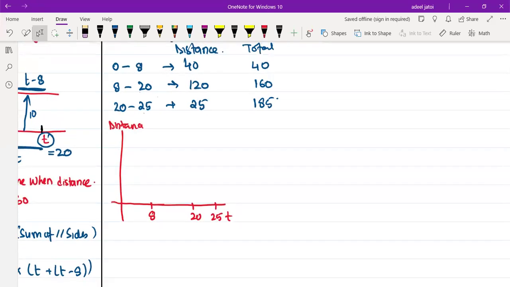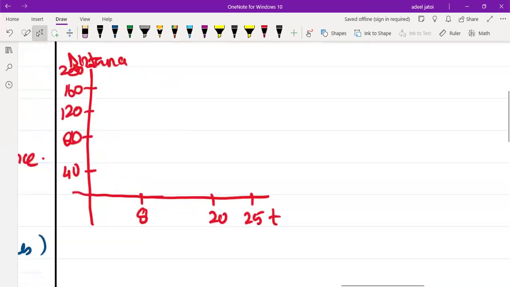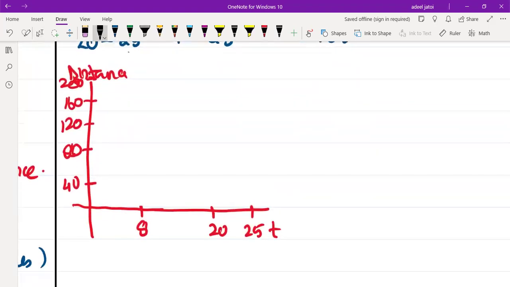Now, what you know is that we have this curve, 40, 80, let's say 120, 160 and 200. Just drawing the graph, obviously if the graph is not there with any values, you can mark your values accordingly. At 8, the distance covered was what? 40.